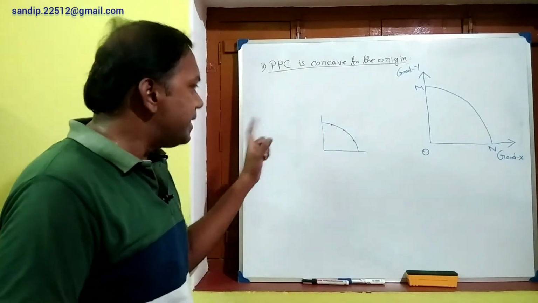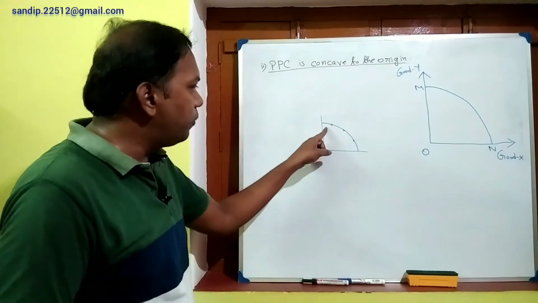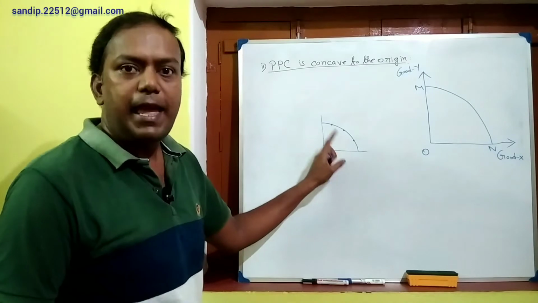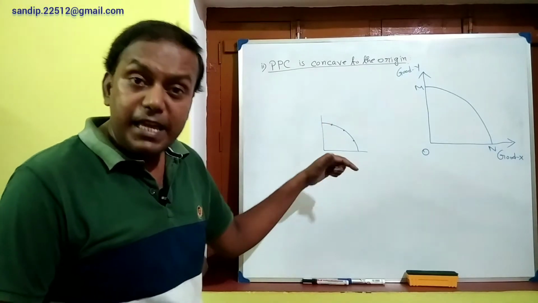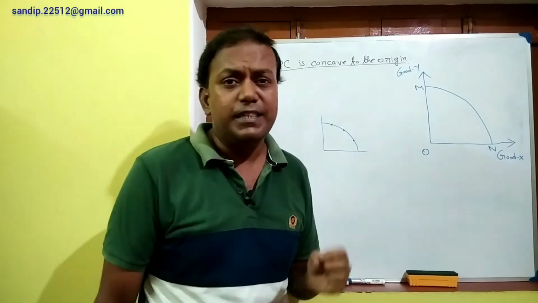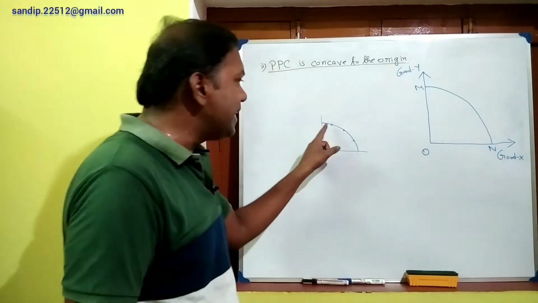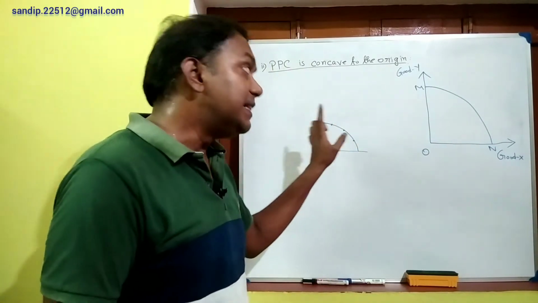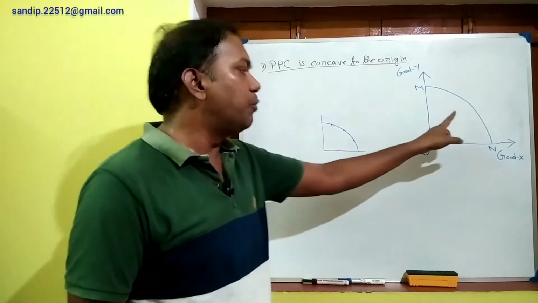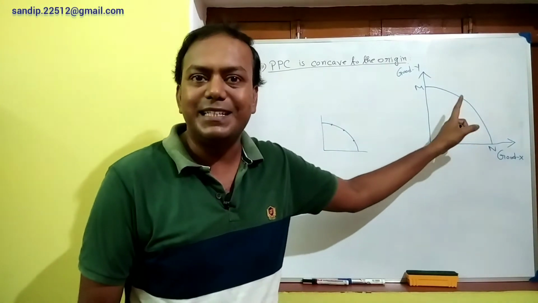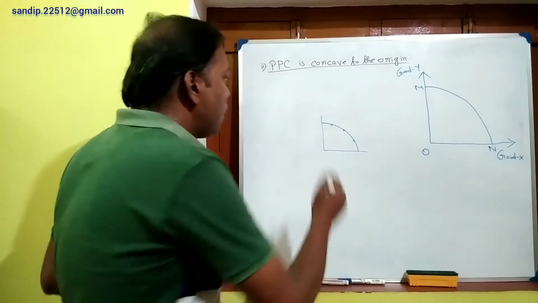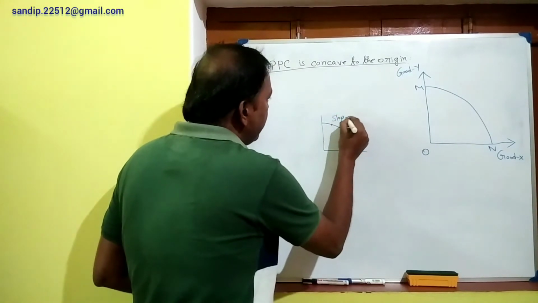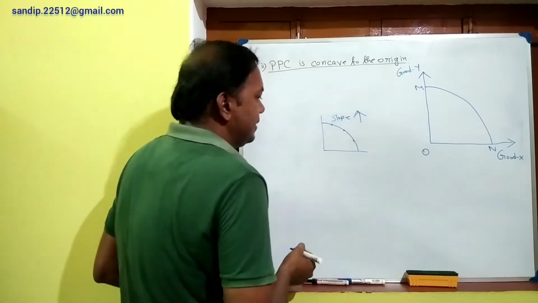Now if we move along the PPC from left to right, and if I can prove that its slope is increasing, then only I can prove that PPC is concave. So for a concave curve, its slope will increase.